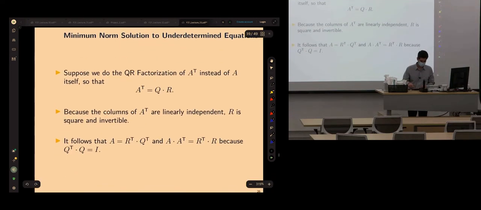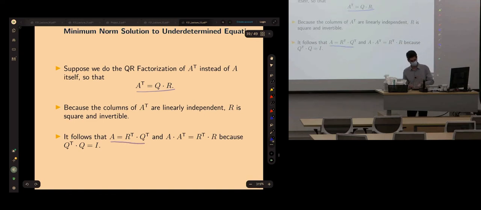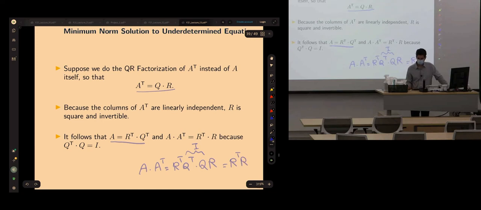So we get A transpose to be QR, and A, of course, will be R transpose times Q transpose. And then you get A times A transpose to be R transpose Q transpose times QR, identity. So A times A transpose will be R transpose R.